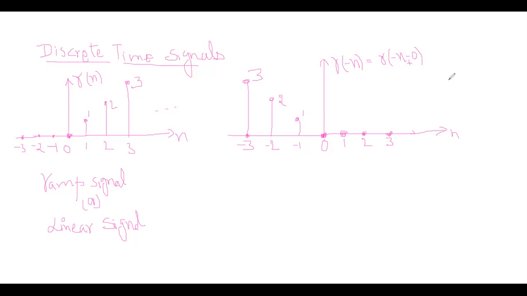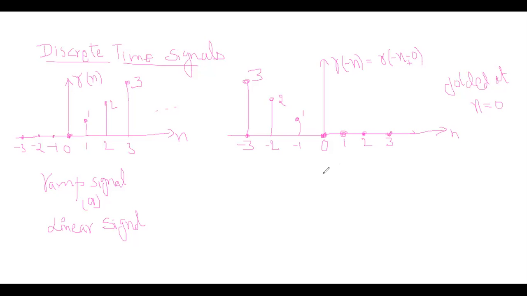It is folded at n equal to 0, not t, we are not using t here. Means r of minus n is folded about 0.